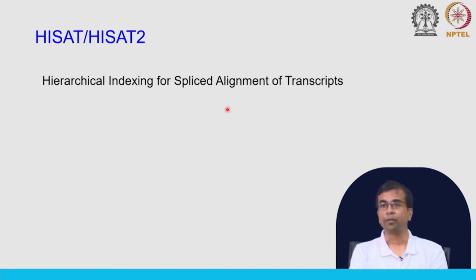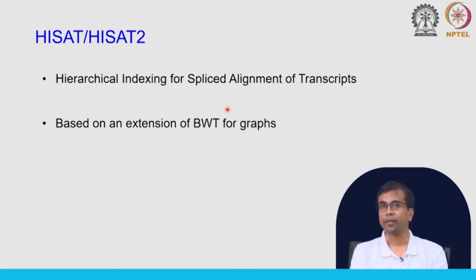This is a tool that is based on an extension of the BWT for graphs. So, we have a Burrows-Wheeler transform, but for graphs. This tool relies on a graph, and it generates a graph, and then it takes a Burrows-Wheeler transform approach for the graphs.